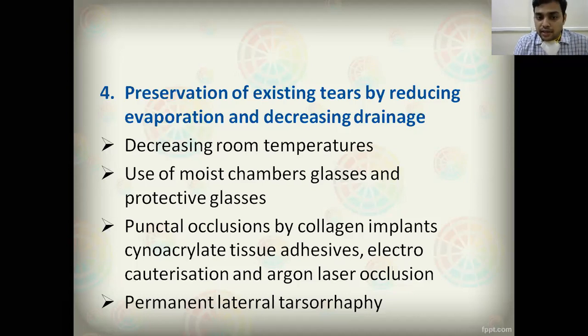That prevents the dryness of the eyes. Or by doing a surgery called permanent lateral tarsorrhaphy, we can also prevent the evaporation of the tears. So these are the various treatment modalities used to prevent the evaporation of tears and decrease the dryness.